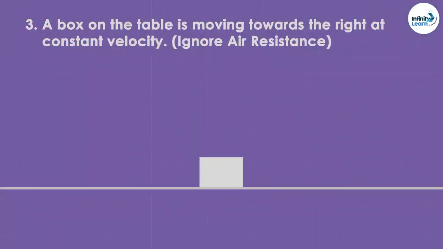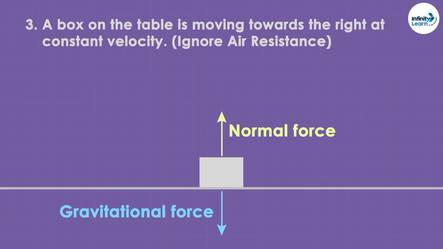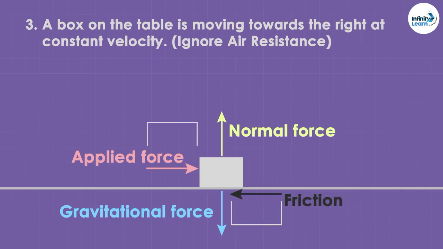The third situation is extremely interesting. Try making its free body diagram. It says that the box is moving at a constant velocity towards the right. In any case, there will be the gravitational and normal forces acting on the box, but this time, the applied force and the frictional force will be the same in magnitude.